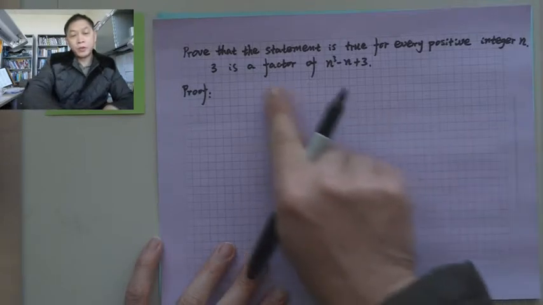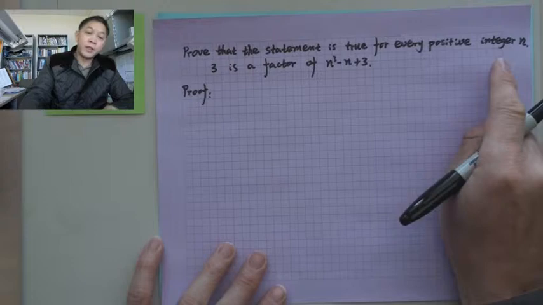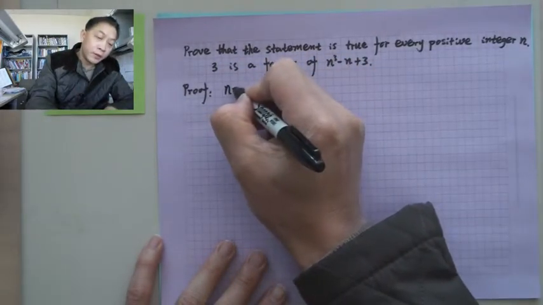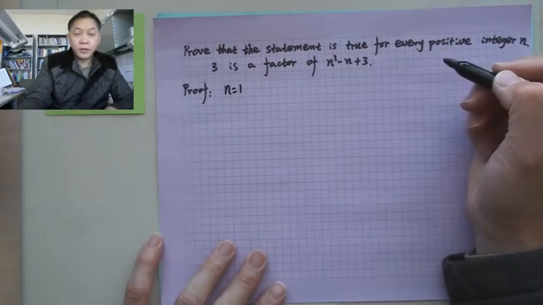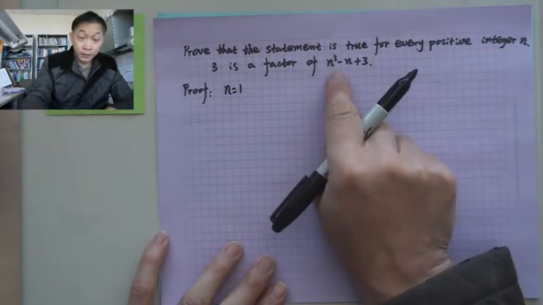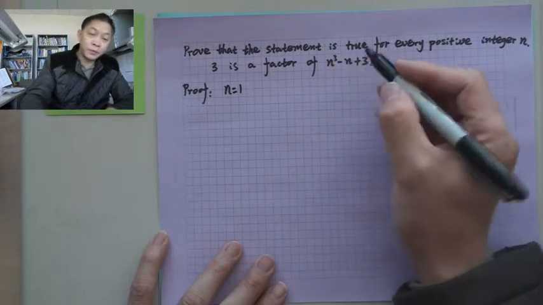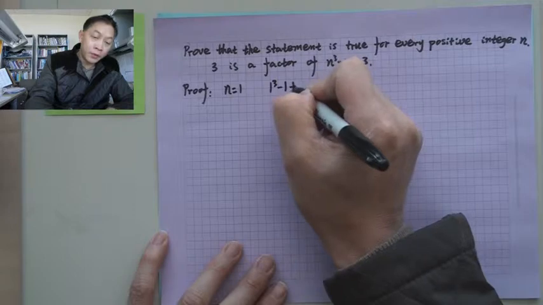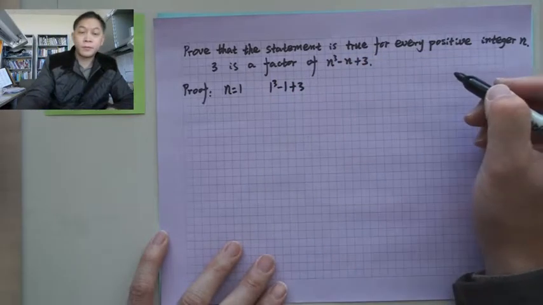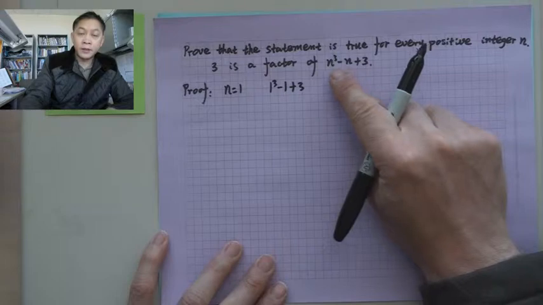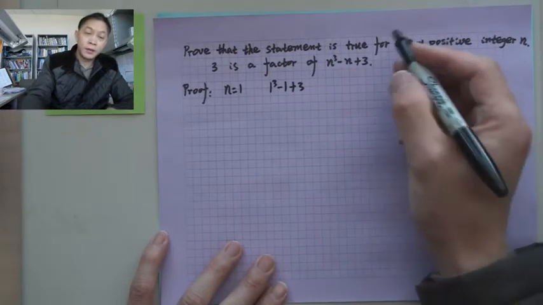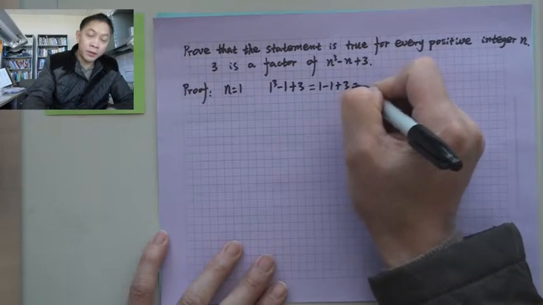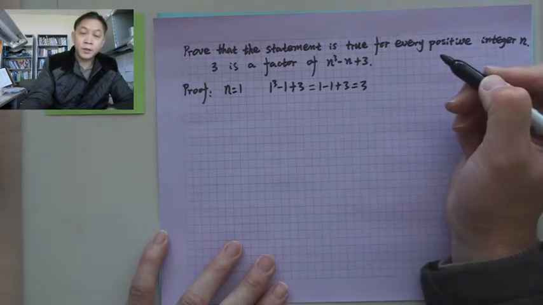If we want to prove this is true for every positive integer, we may start with n equals 1. If n is 1, you plug 1 into this expression, so you have 1 cubed minus 1 plus 3. Replace n with 1, and that's 1 minus 1 plus 3, which is 3.